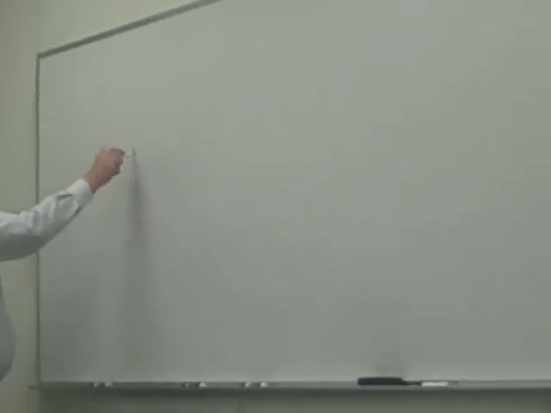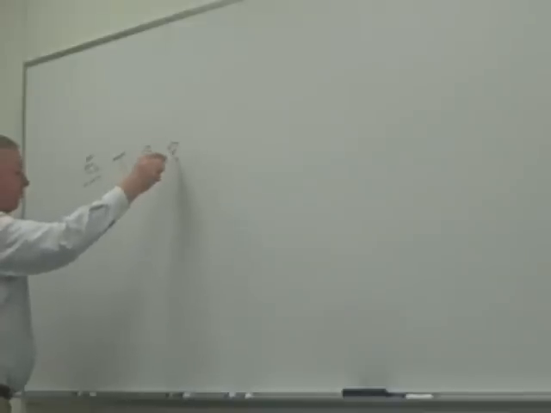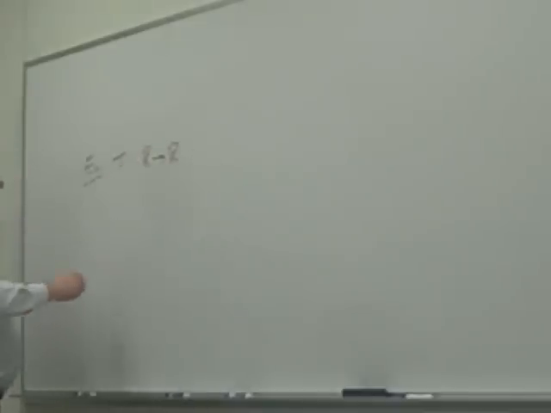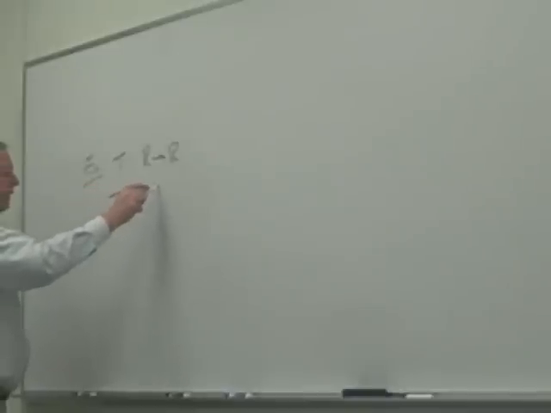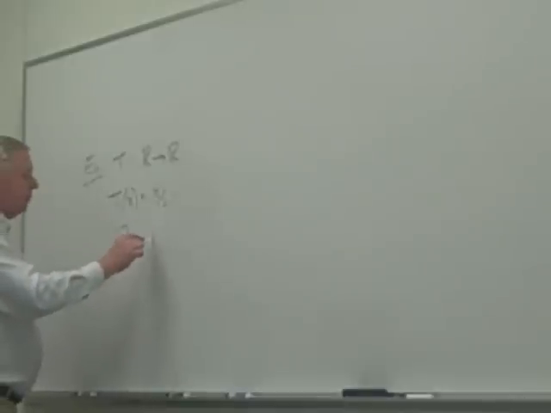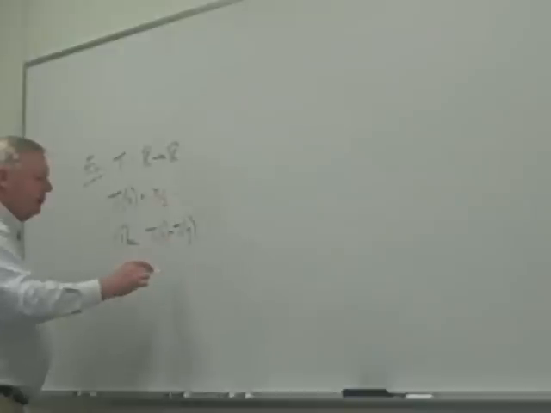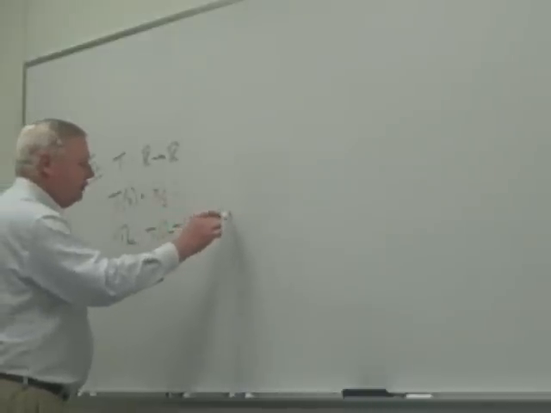Example of a contraction. T maps from the real line to the real line, and T of x is equal to x over 2. Then if I have any 2 points, T of x minus T of y is x over 2 minus y over 2.